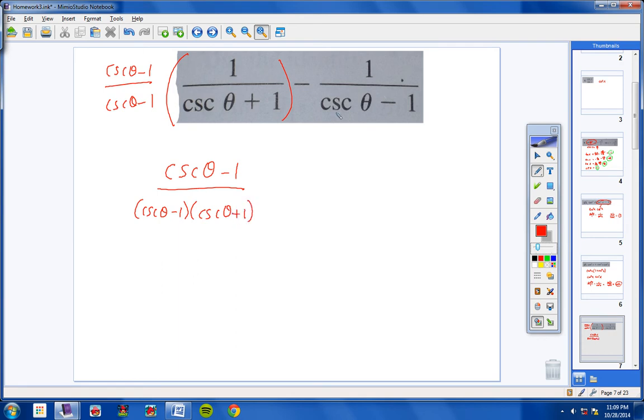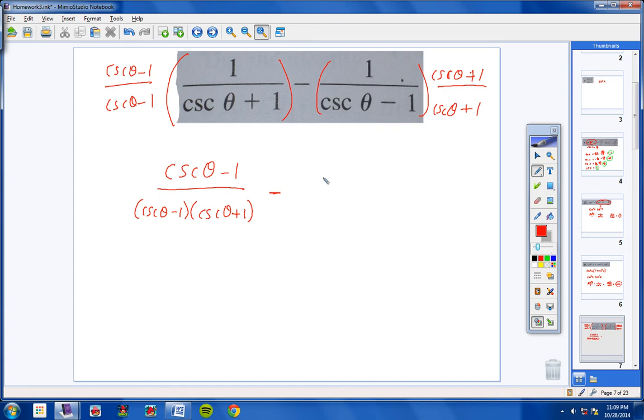There we go. Now, put your minus sign. I'm going to multiply this fraction times cosecant theta plus 1 over cosecant theta plus 1 because of this denominator here.